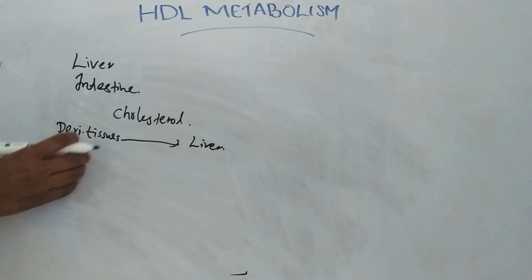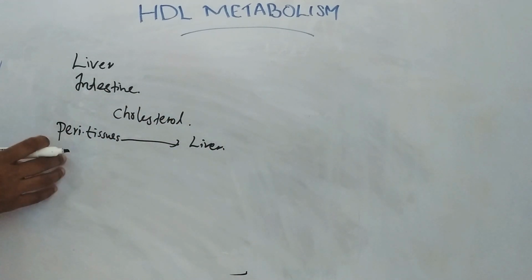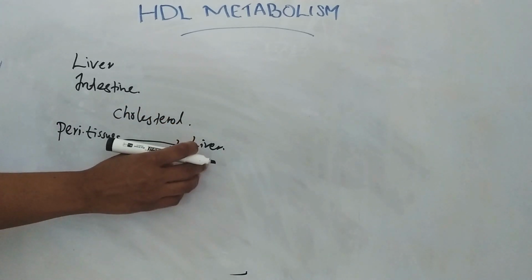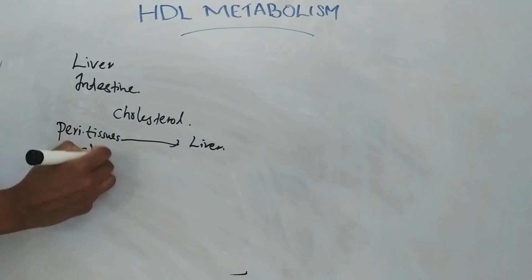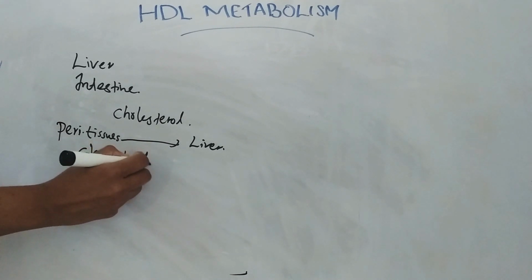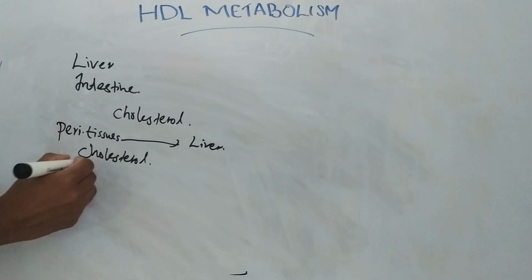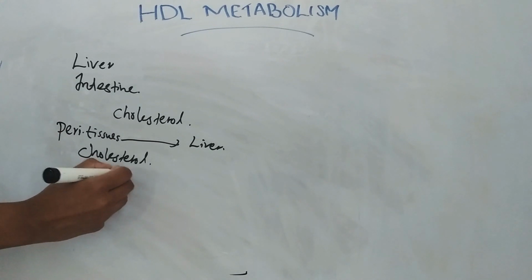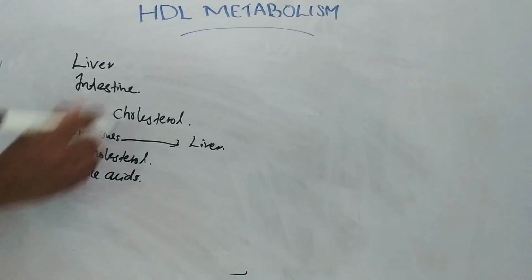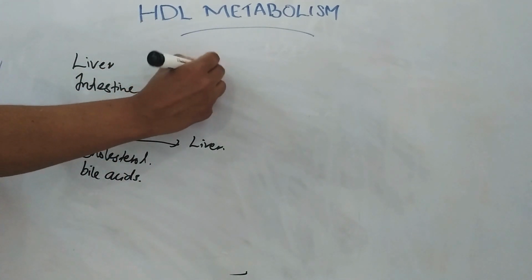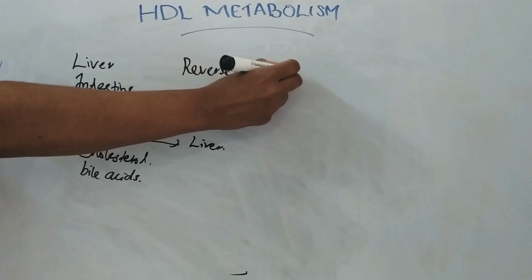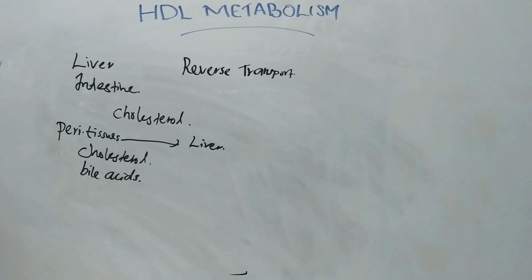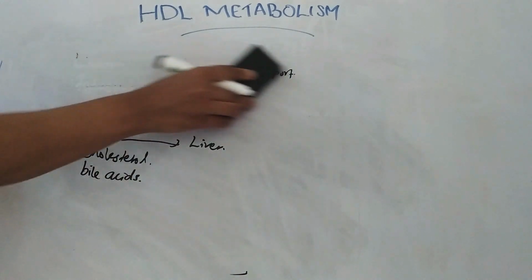So, HDL transports cholesterol from peripheral tissues to liver for excretion through the bile either as cholesterol or after conversion to bile acids. This process is known as reverse transport of cholesterol, or reverse cholesterol transport. So, let us see the steps in the metabolism.